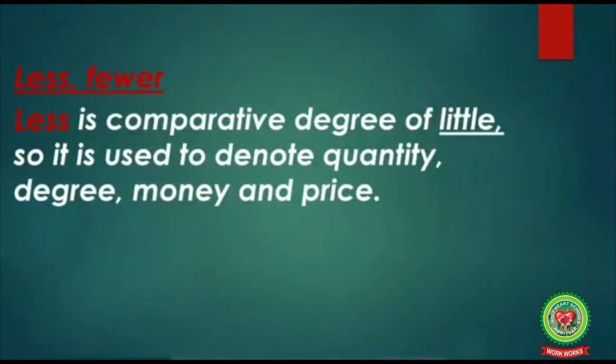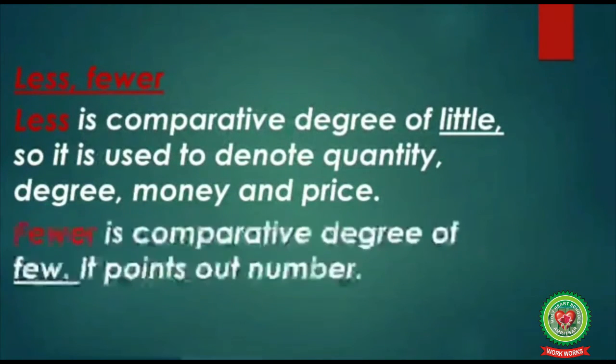Let's proceed to less and fewer. Students, less is comparative degree of little, so it is used to denote quantity, degree, money and price. While fewer is comparative degree of few, it points out number.